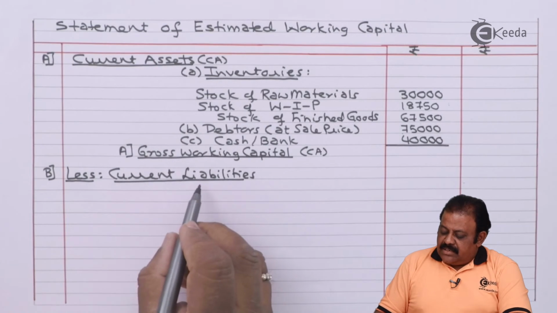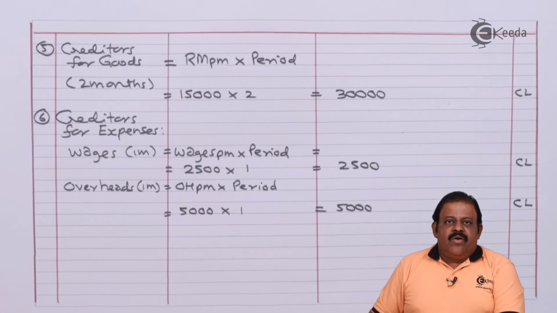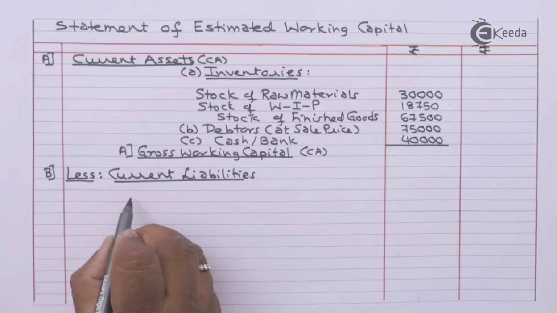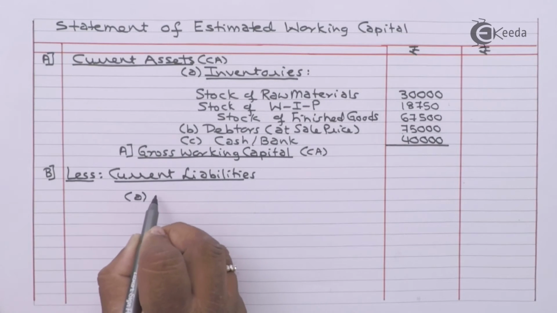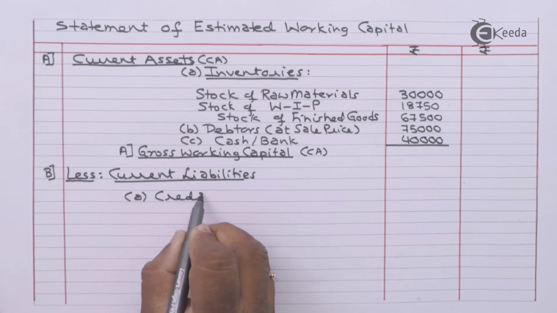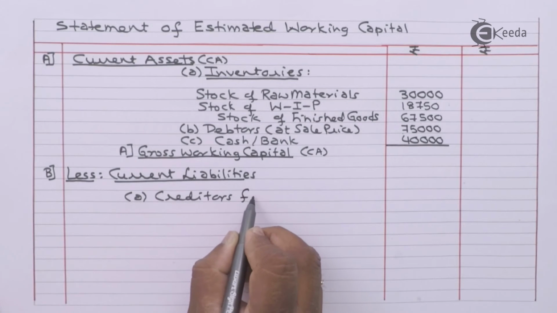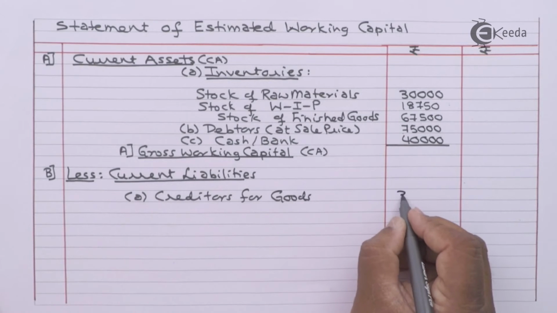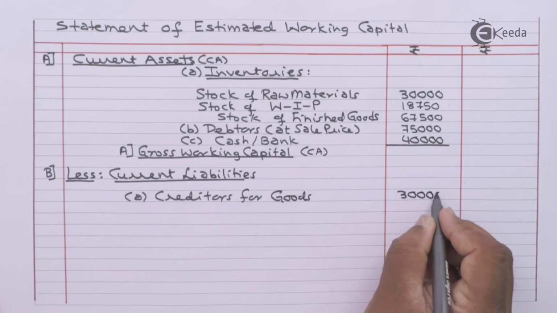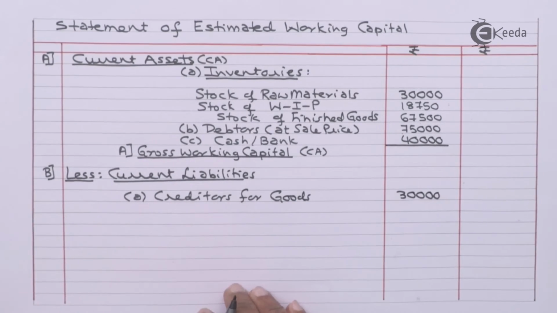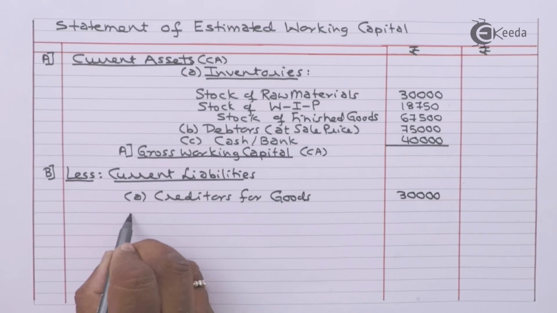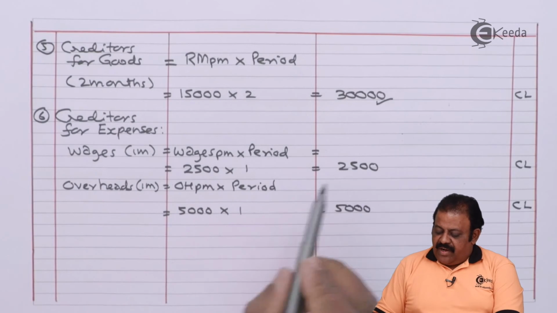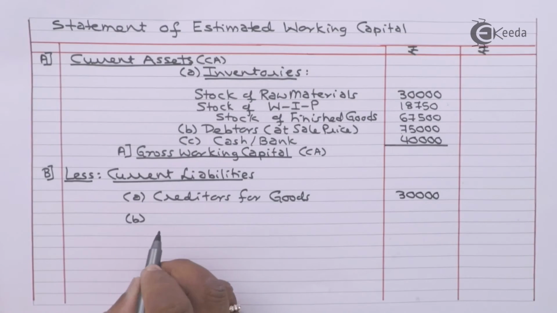Less current liabilities. We have already calculated creditor for goods 2 months 30,000. Creditors for expenses wages 2,500, overheads 5,000.